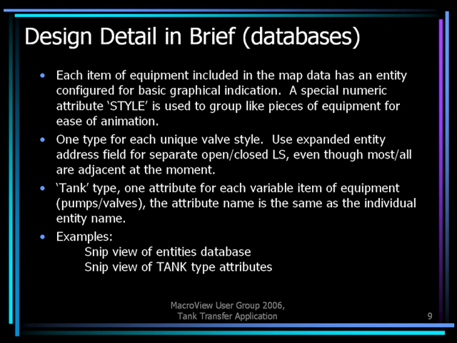Okay, nitty-gritty of the design. Each item of equipment, each valve or pump that we need to use for the variable map, has a traditional type of entity configured for it in MacroView, and a special attribute of that is called the style.